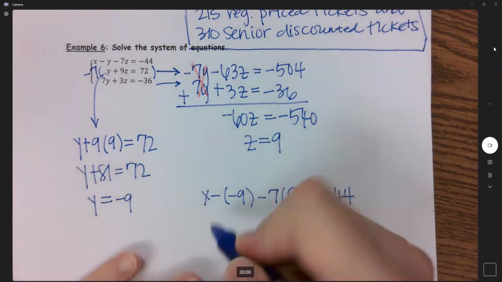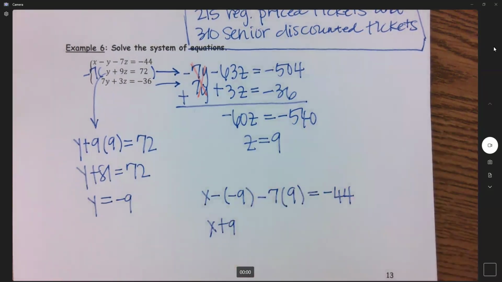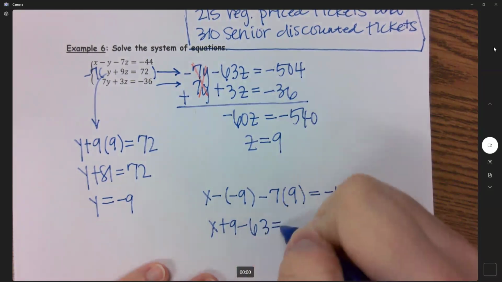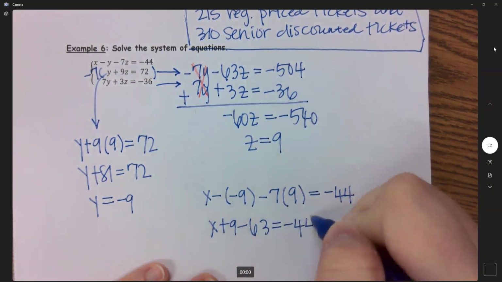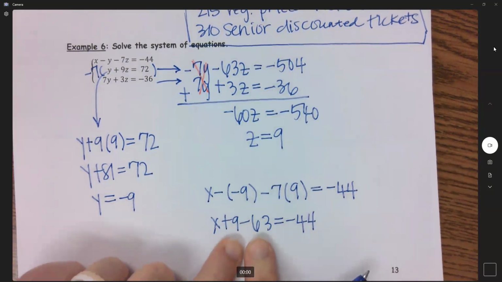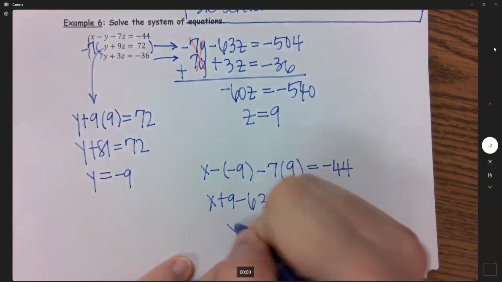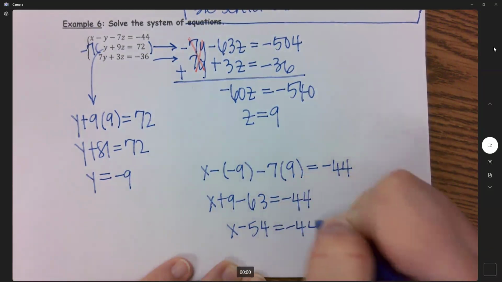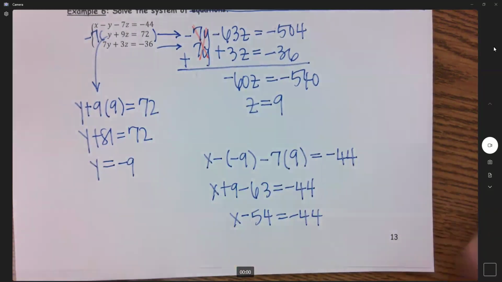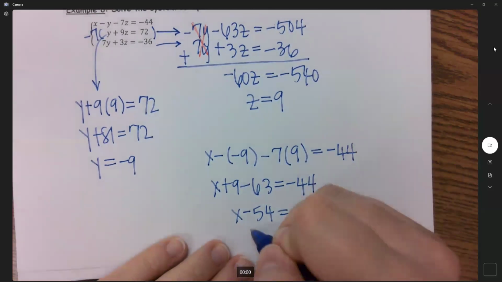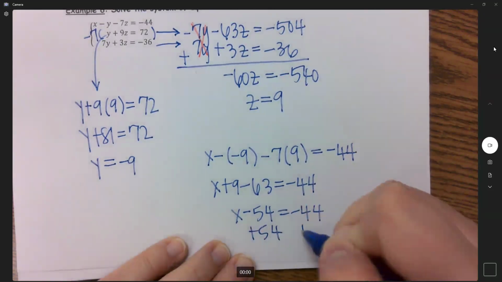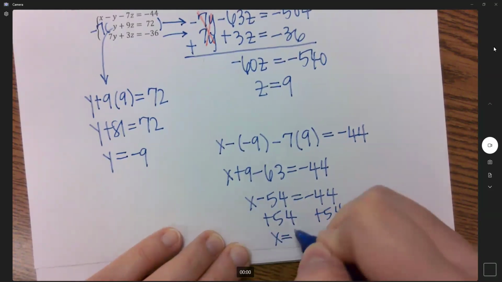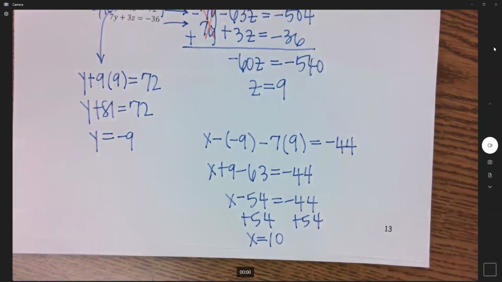Minus a negative makes us X plus 9. When I multiply these together, we get -63. Combine these, we get X minus 54 equals -44. And then lastly, add 54 over. And if I squeeze this in here, X equals 10.